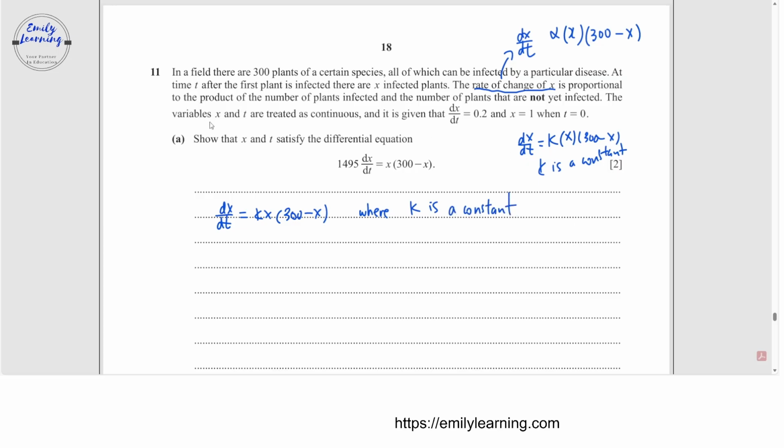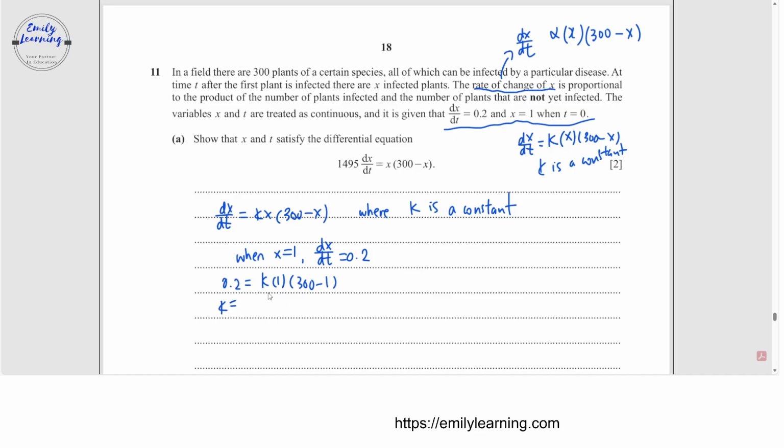The variables x and t are treated as continuous, and it is given that when dx/dt equals 0.2, x equals 1, t equals 0. So these values here we can use to find the constants. So we know that when x is 1, dx/dt is 0.2, right? So I know 0.2 equals k times 1 times 300 minus 1.